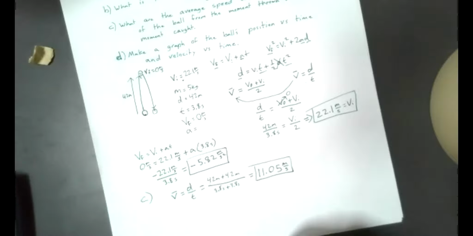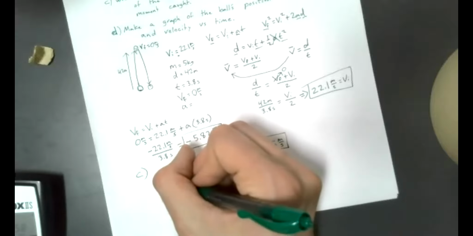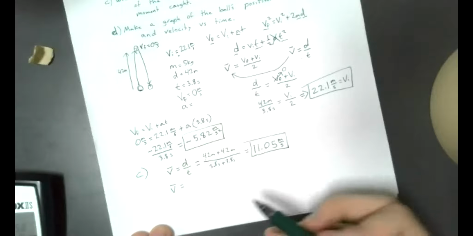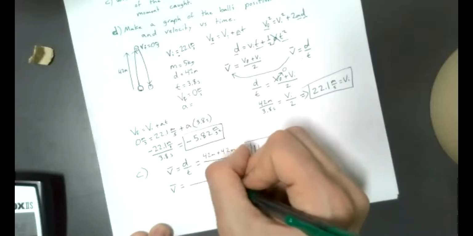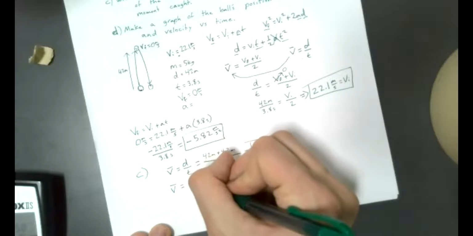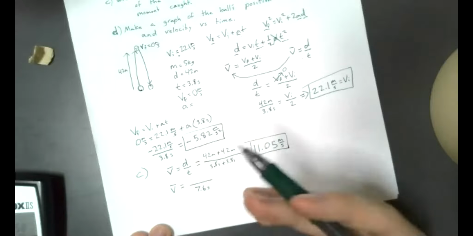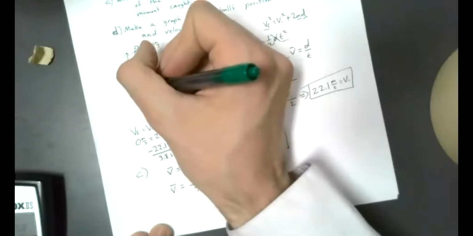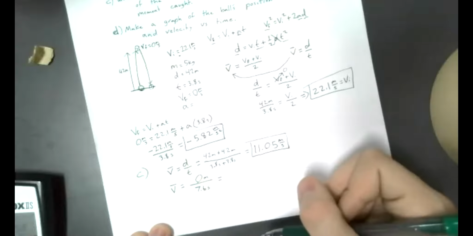Now for the average velocity, we have to take the total displacement versus the total time. We know the total time is 3.8 plus 3.8, so that's again 7.6. Can someone tell me what the total displacement is? 0 meters. It's 0 meters because we end up at the same exact height where we started.